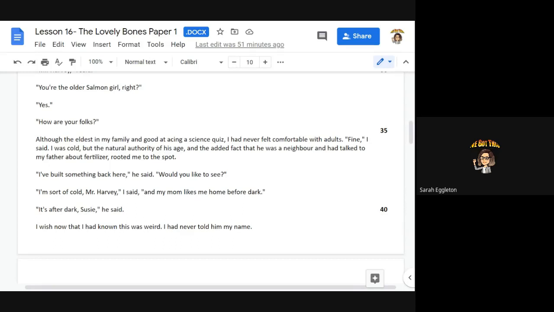Okay, so can you just take a minute and check that you have gone through each paragraph and managed to make a note of what you see, what you learn, what information we're given.